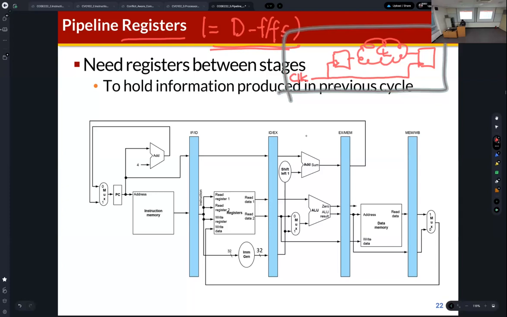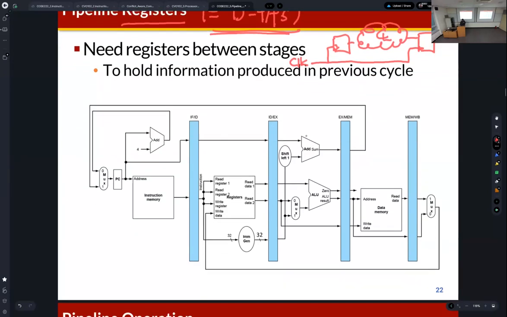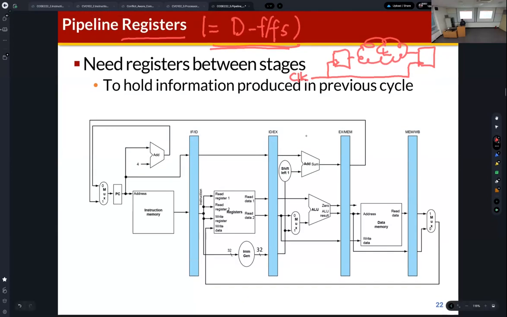In this figure, we can observe several pipeline registers, several pipelining flip-flops. This is the instruction fetch, then instruction decoding, execution, memory, and write back.